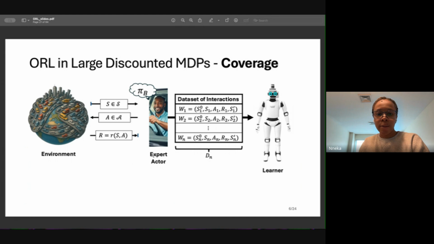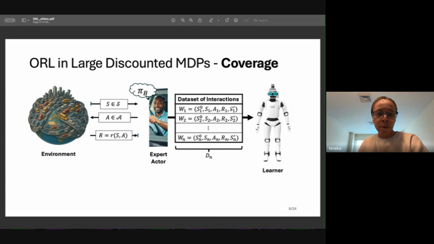This expert actor generates a data set of n interactions, with each interaction having an initial state, current state, action, reward, and next state, which are sampled according to the true environment dynamics.